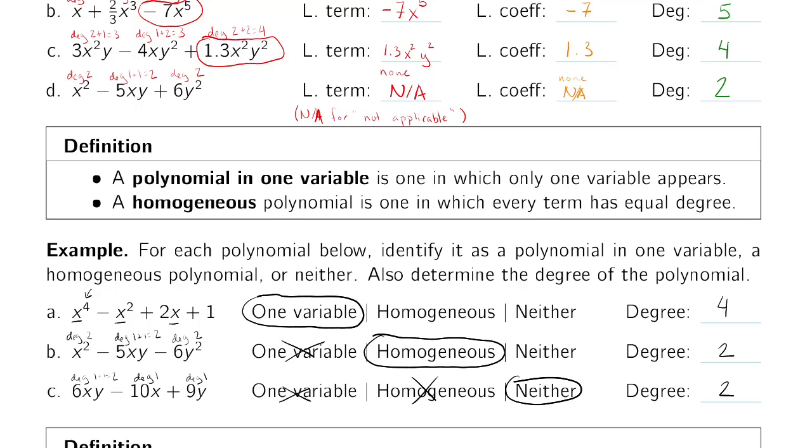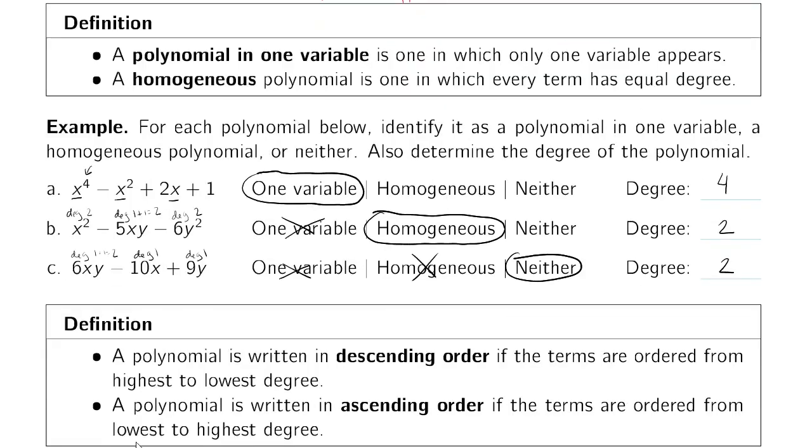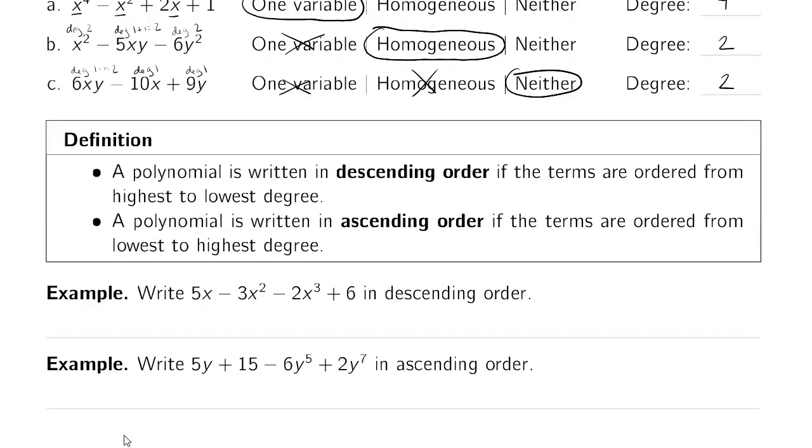We can write the terms of a polynomial in any order. Addition is commutative. However, often it's useful to organize a polynomial in one of two ways. We say a polynomial is written in descending order if the terms are ordered from highest to lowest degree.